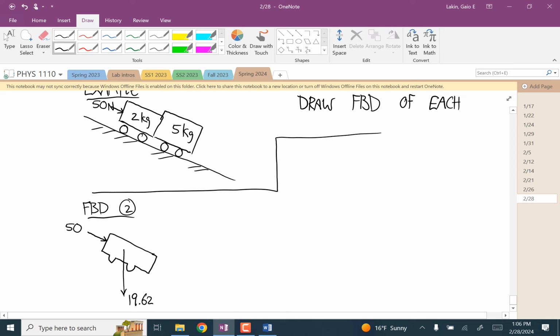There's a pushing contact from the incline to the wheels, so that's perpendicular to the incline toward the chosen body, and I'll call that N1. You might have called that something different, but it's fine. It's just a variable name. And then the last thing is there's a pushing force from the 5 kilogram. So that's perpendicular to this surface toward the chosen body, and I'll call that R. And now take a couple minutes and see if you can draw the free body diagram for the 5 kilogram cart.